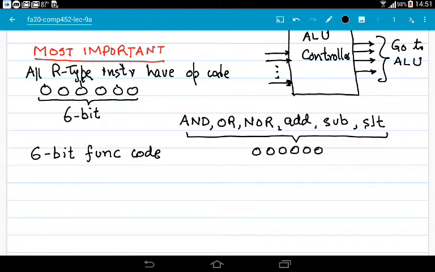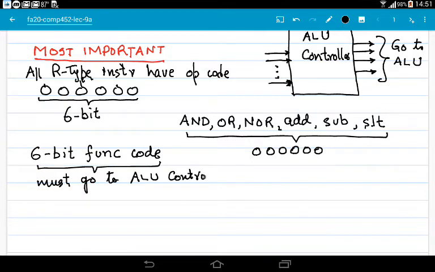So all these 6 bits must go to the ALU controller input.